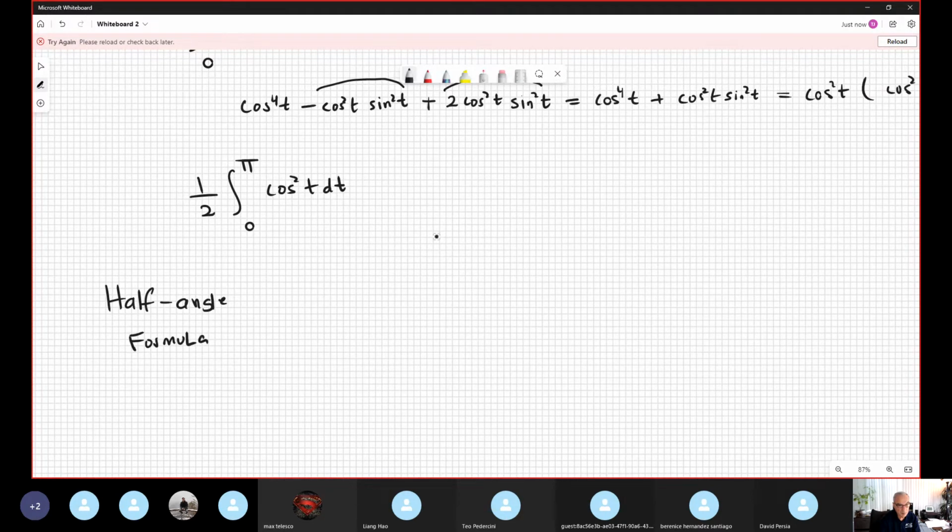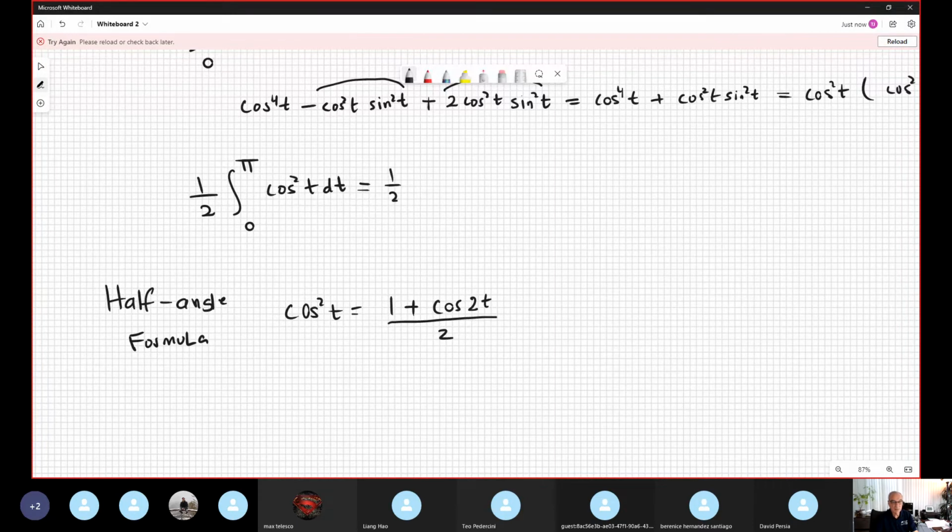You remember the trigonometry, right? It's a classical problem in Calc 2. This is 1 plus cosine double angle, 2t, divided by 2. Double angle. Then now replace.